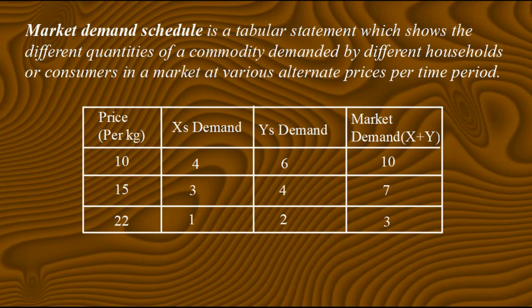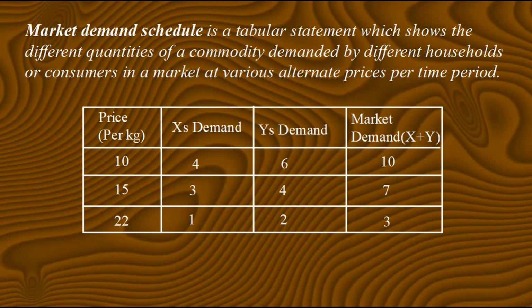For example, there are two consumers or households in the schedule, consumer X and consumer Y, or household X and household Y, and their respective demand is given there. When you add the demand of each individual in the market, we get the market demand. For example, at a price of 10, consumer X demands 4 units of a commodity and consumer Y demands 6 units.